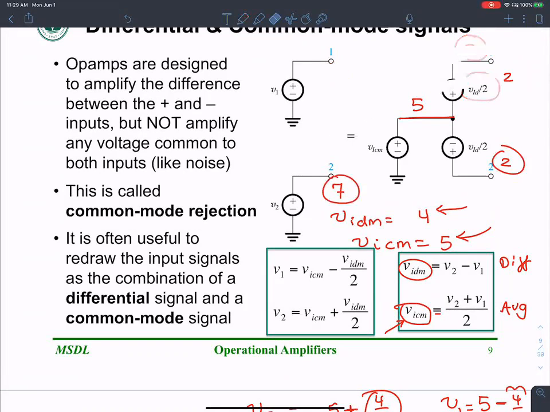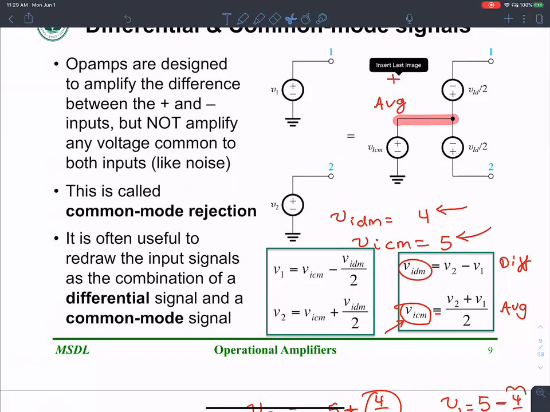So the idea is the midpoint between those two values is the average. One of the inputs is average minus difference by 2. This guy is average plus difference by 2.